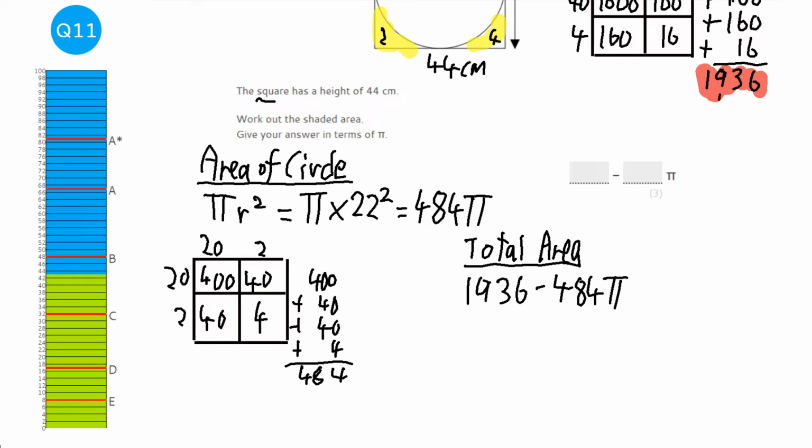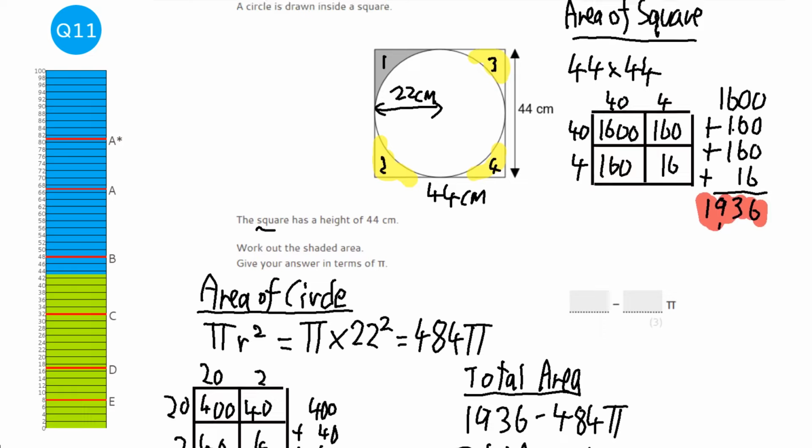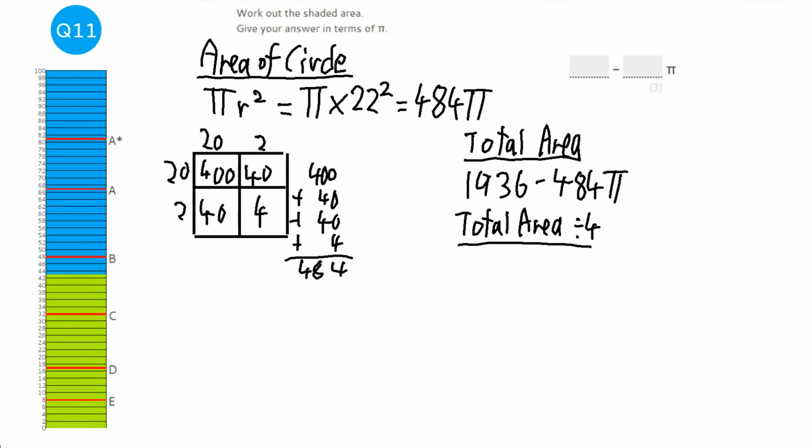Now without a calculator you can't work that out, but that's fine because the question says that it's going to be in terms of pi. So we need to do the total area divided by 4. That's what we want to do, because there's 4 equal chunks and we only want one of those chunks. So we need to do each of the numbers divided by 4.